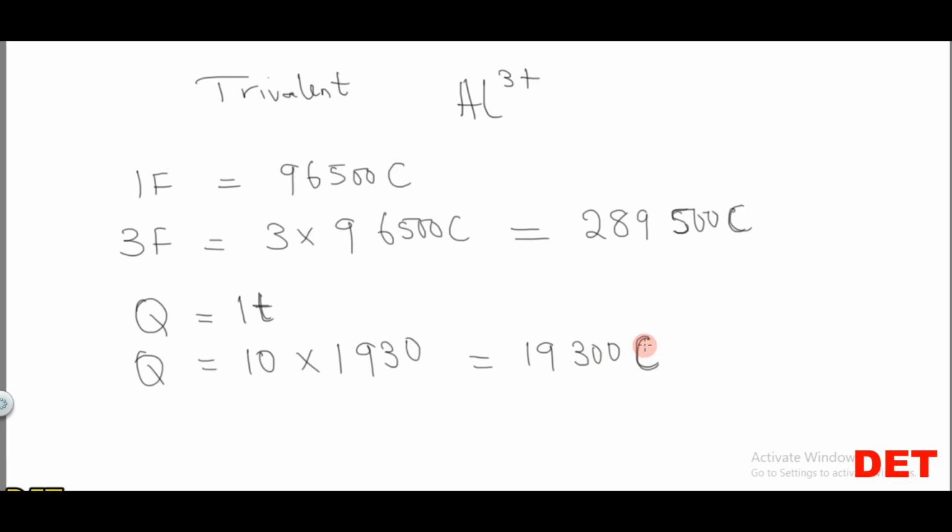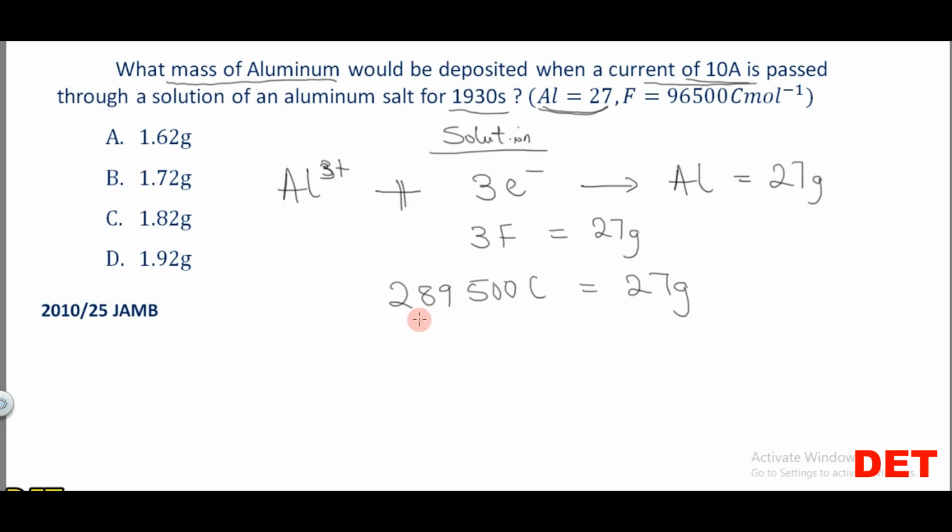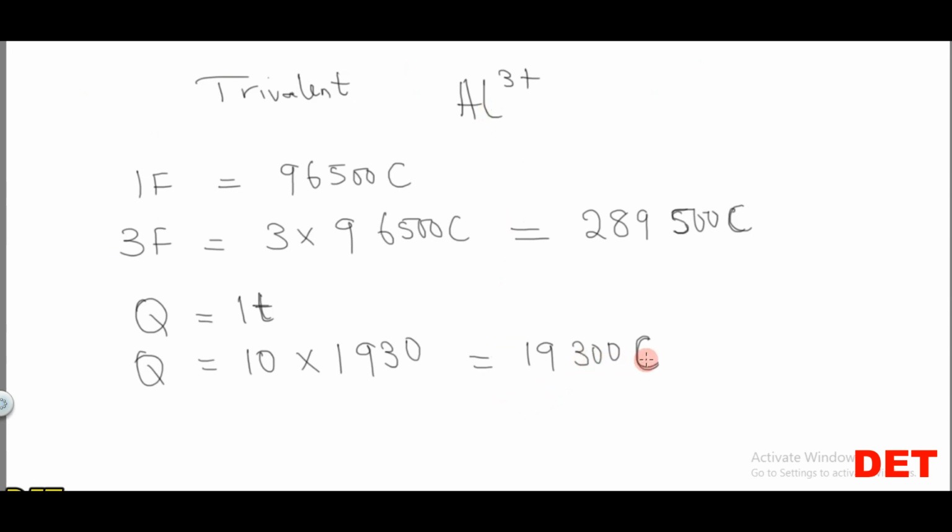So if 289,500 coulomb gives us 27 grams of aluminum, then what mass of aluminum will be deposited by a current of 10 ampere when it is passed through a solution of an aluminum salt for 1930 seconds? We've calculated the quantity of electricity produced by 10 ampere passed for 1930 seconds to be 19,300 coulomb.